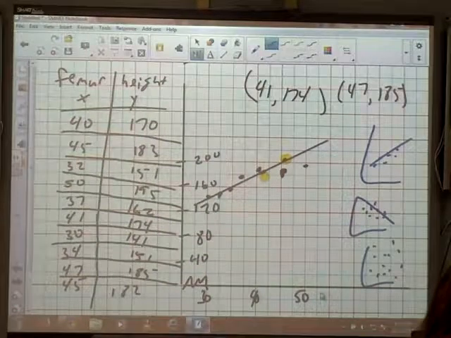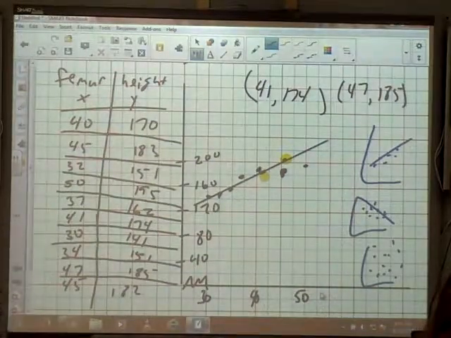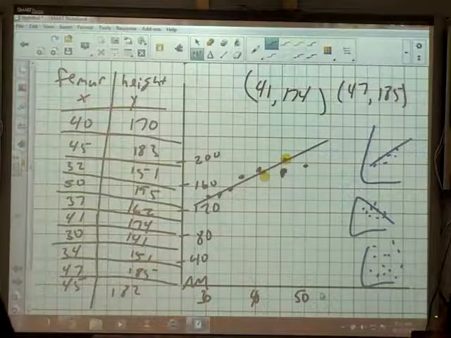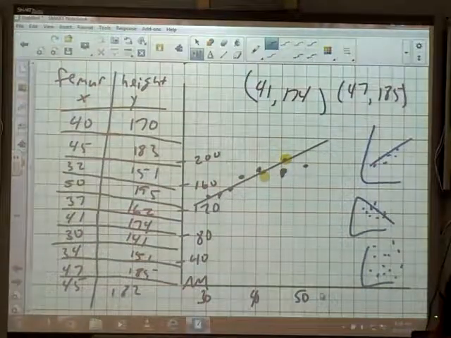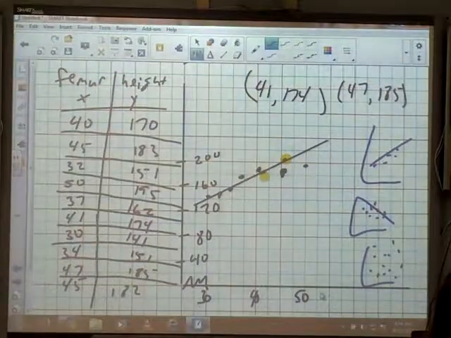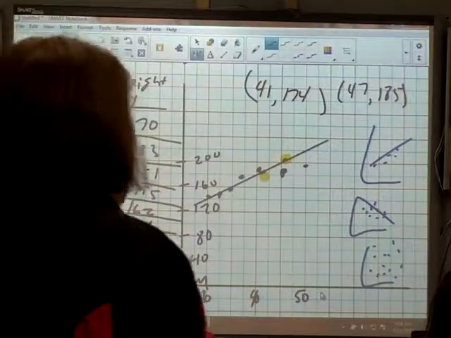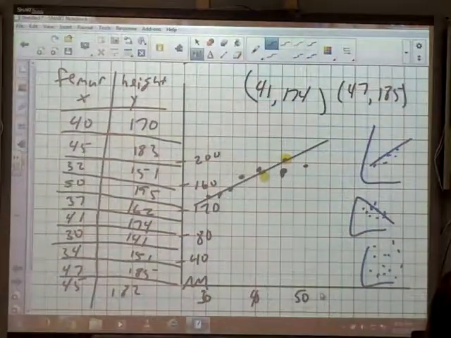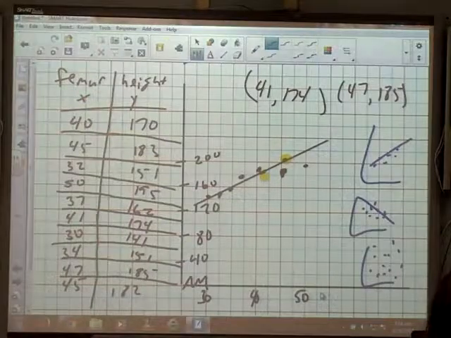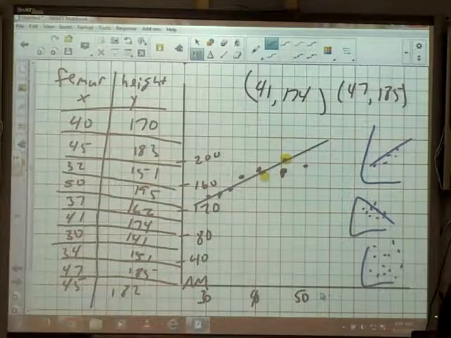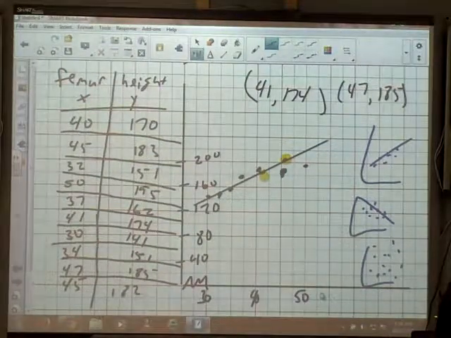I want the equation for a line that'll go through those 2 points Monday morning. Okay? That's not too hard. You can probably do that before you leave school today so you won't have any homework. Make sure you got the right 2 points written down, because if you choose 2 different points, your equation will be different. That doesn't mean it's wrong, but that's not the one I'm going to look for Monday. Okay?